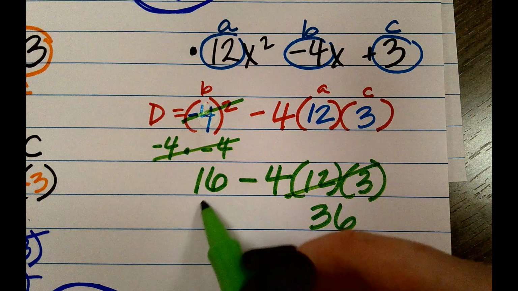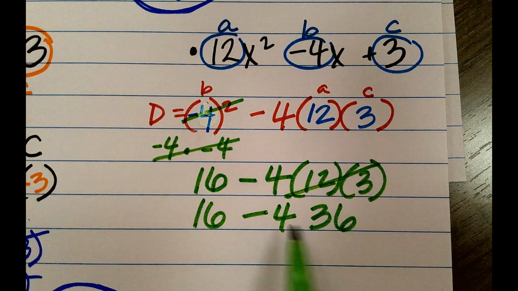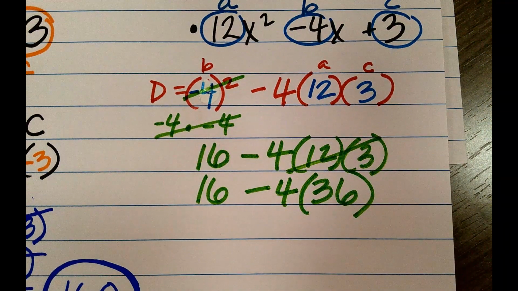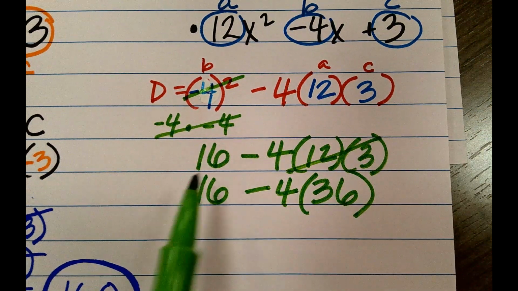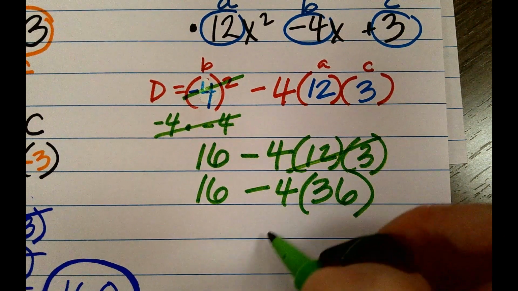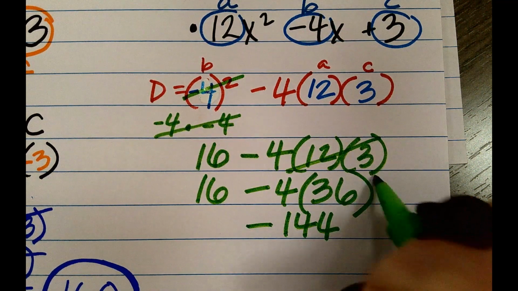Now you bring down -4 and 16. Now wait, what am I doing here? Parentheses 36. Yeah, let's keep that 36 in parentheses. That's a good idea. Now you take -4 times 36, you're going to get -144. Yeah, -4 times 36 is -144. I'm going to cross that off.